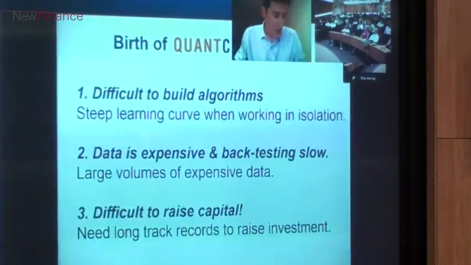So we started QuantConnect. We started to build the platform, and for about the next 12 months, we were coding, building. So we formed relationships with data providers. We built this online development environment so that you could design strategies.